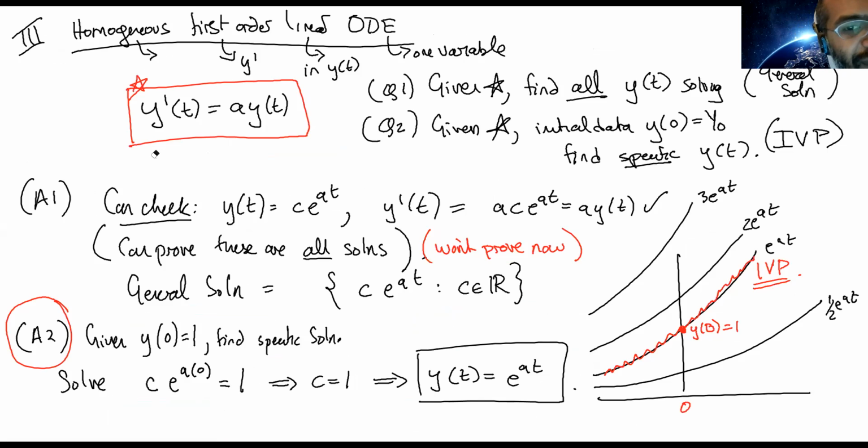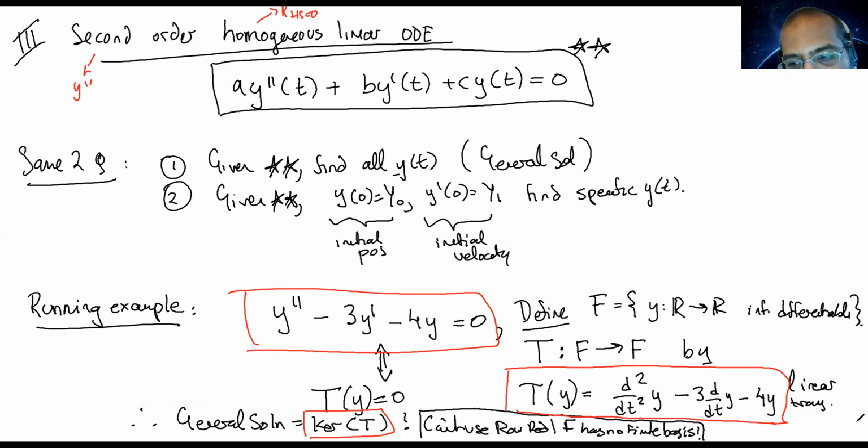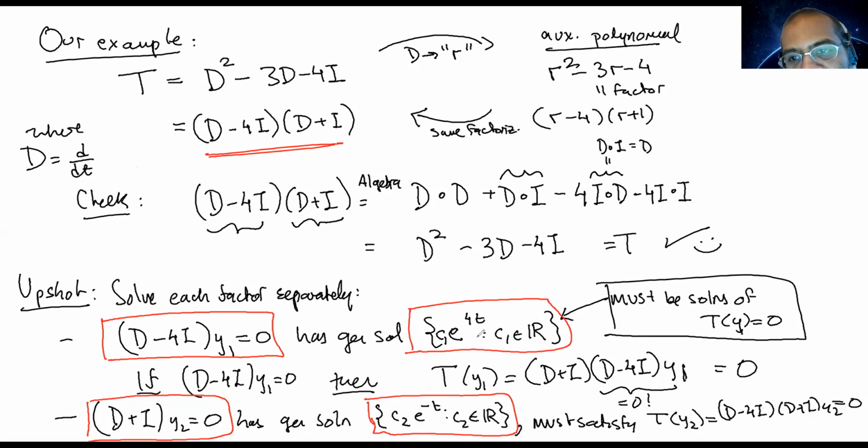Another way of writing this equation is (D minus a times identity) of y equals 0. Does that make sense? Because now, in our setup, we have here D minus 4I, so you get e to the 4t.